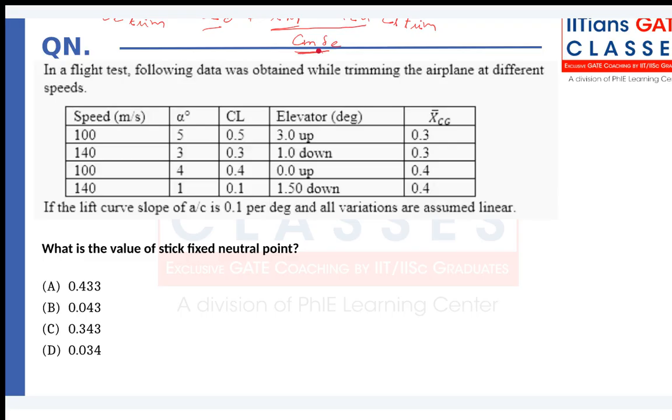I hope you're able to proceed. The elevator deflection upwards is negative, downwards is positive. So this is negative, this is positive, this is negative, that's zero. Down is positive, according to our convention.